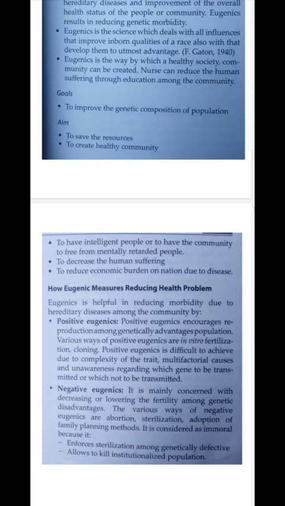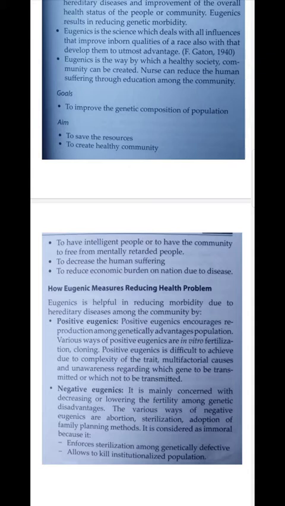And negative eugenics means to decrease or lower the fertility among the genetically disadvantaged. Okay, so there are many methods like abortion, sterilization. Sterilization means the permanent method of birth control, and adoption of family planning methods. Family planning methods are of two types, that is permanent and temporary methods.